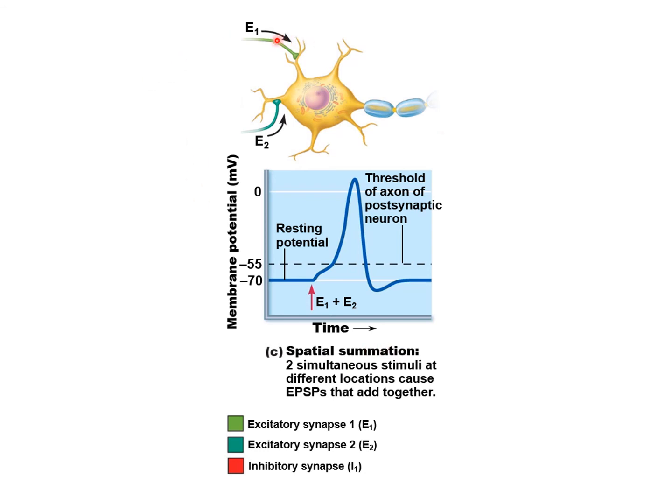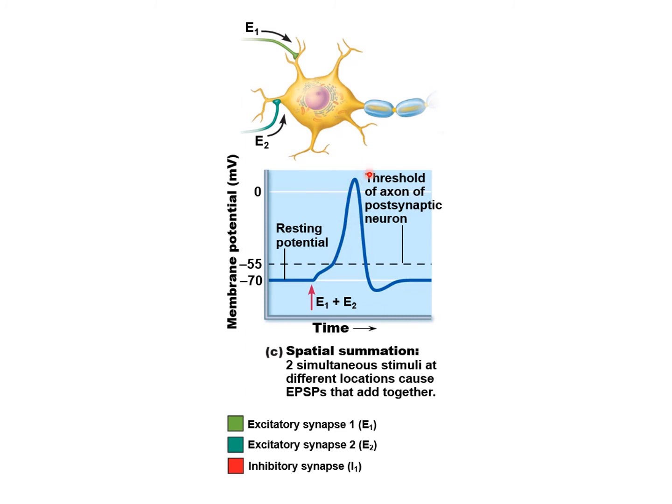Let's send one in, stimulating this postsynaptic neuron, and at the same time send another excitatory synapse in, which will meet each other, and just like two waves in an ocean come together, it'll be double the size. So your excitatory synapse 1 and 2 added together was enough to reach threshold.